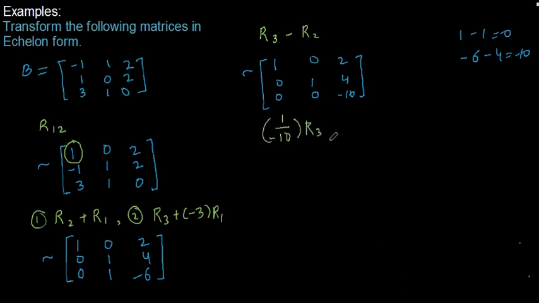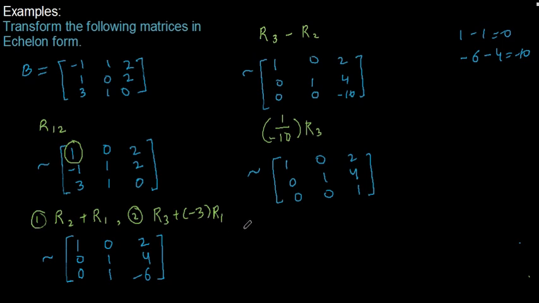So if you multiply row 3 by a non-zero number, that is minus 1 upon 10, the first row will be same, the second row we have 0, 1, 4, again same, and the third row's last number will now be 1, because minus 1 upon 10 multiplied by minus 10 will be equal to 1.